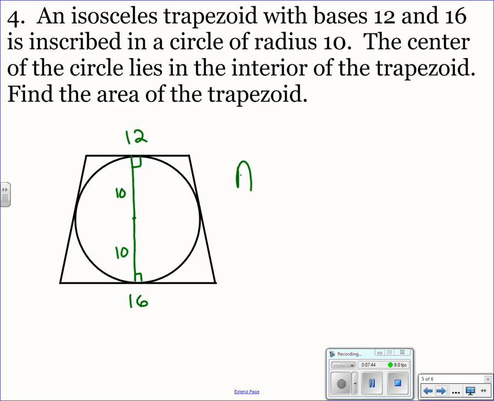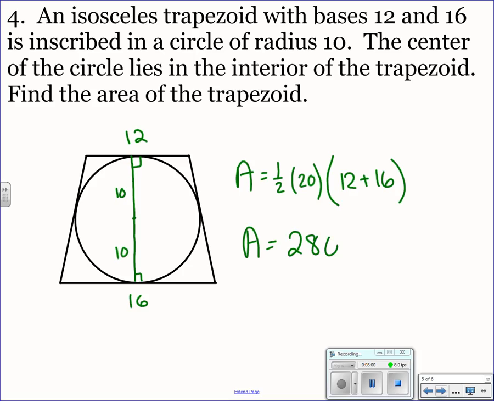So area is 1/2 the whole height, which is 20, the diameter of that inscribed circle, times 12 plus 16. So our area is going to be 280 square units. I didn't give us units, so you don't have to put units in.